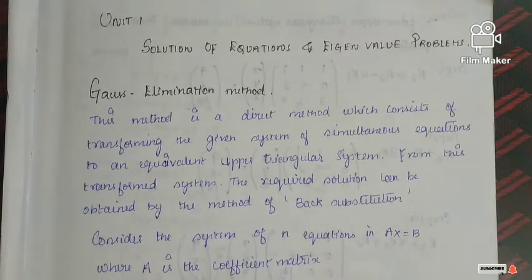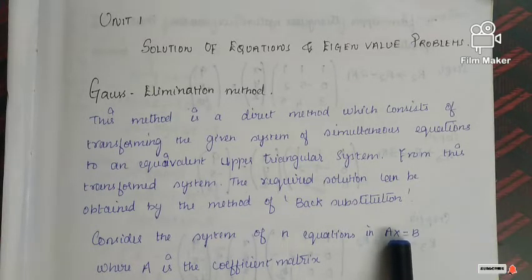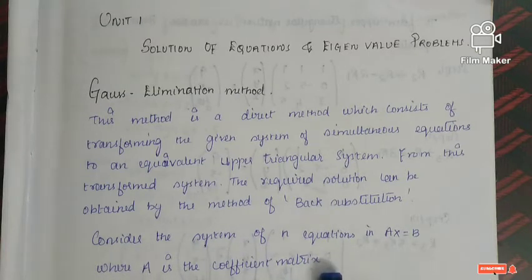So how we are going to do the problem: first, consider the system of n equations in the form Ax equal to b, capital A, capital X is equal to b. A is nothing but the coefficient matrix, X is nothing but the variables, that is x, y, z in the question, and b is the constants. So we have to arrange in the form of Ax equal to b, where A is the coefficient matrix.